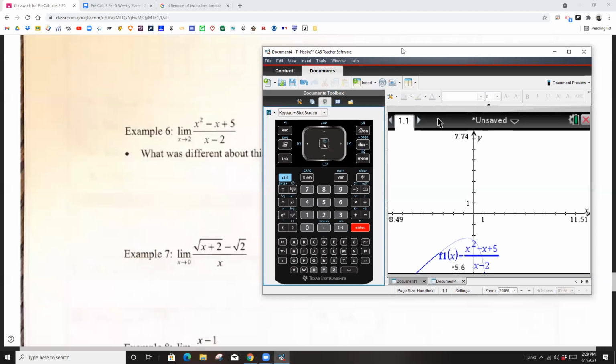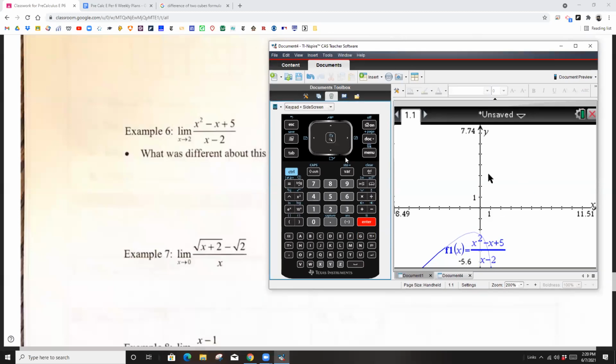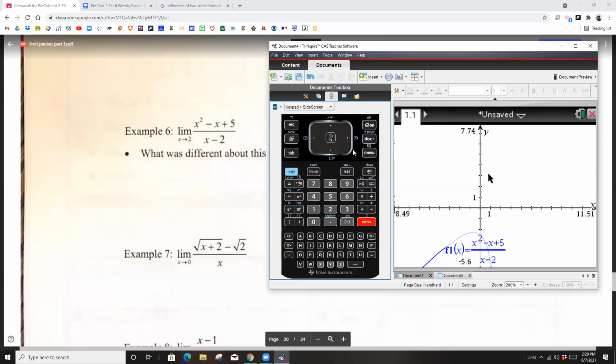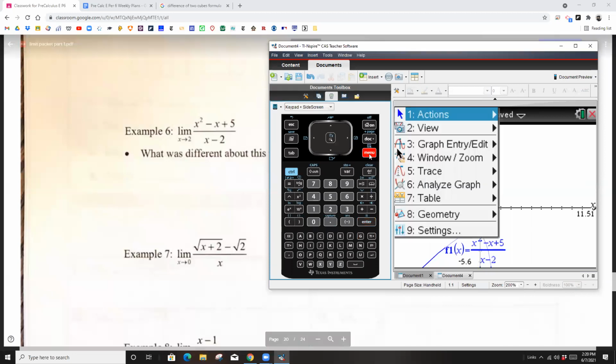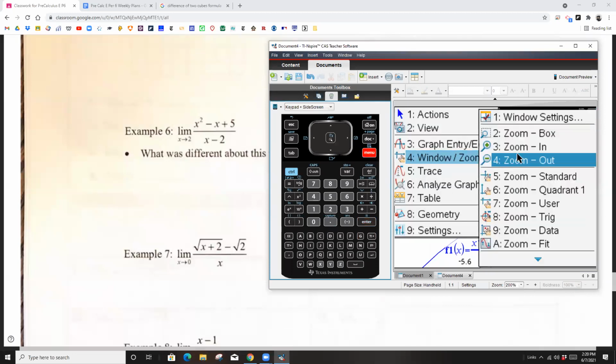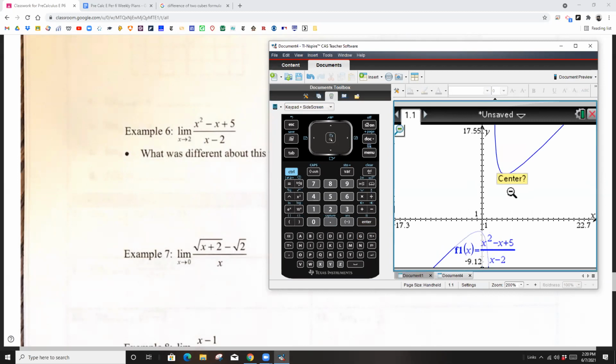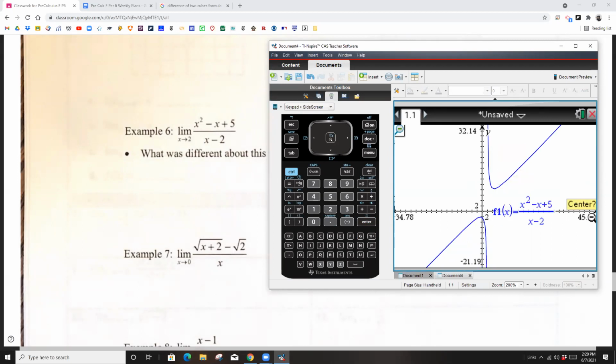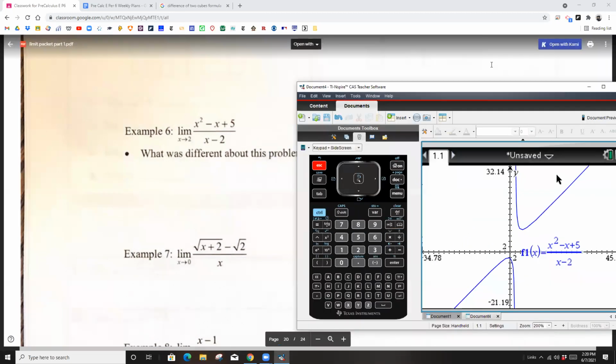Nonetheless, just the basic graphing capabilities show you that there's a vertical asymptote at x equals 2. Zoom out. So therefore, the limit does not exist for example 6, because approaching 2 from the left it's approaching negative infinity, and approaching 2 from the right, the limit's approaching infinity.